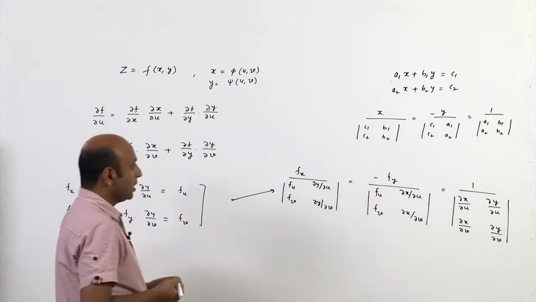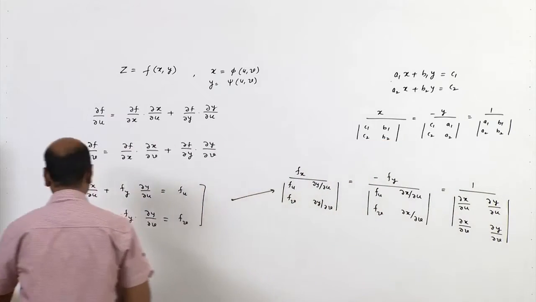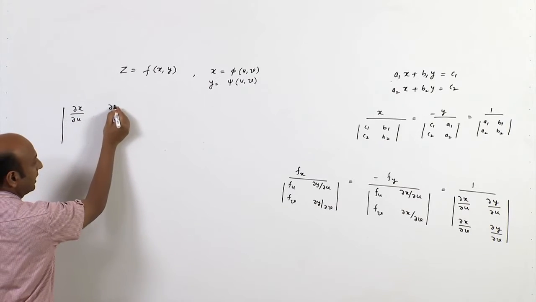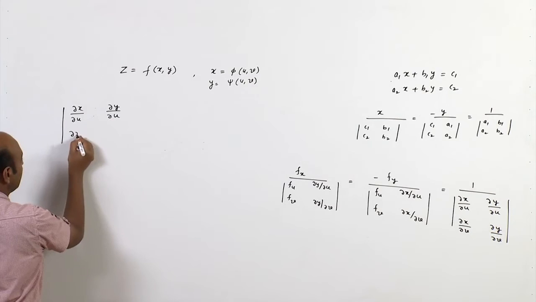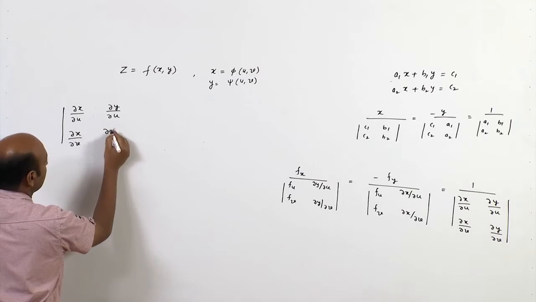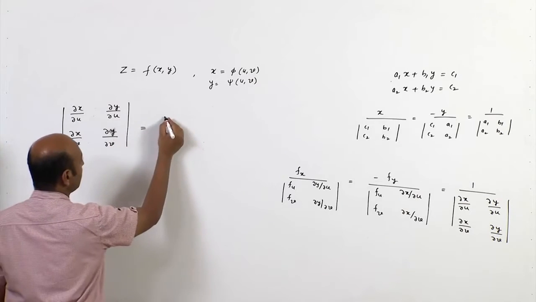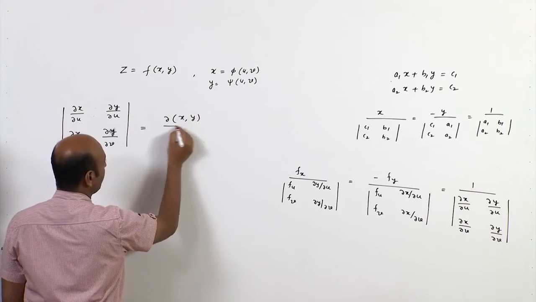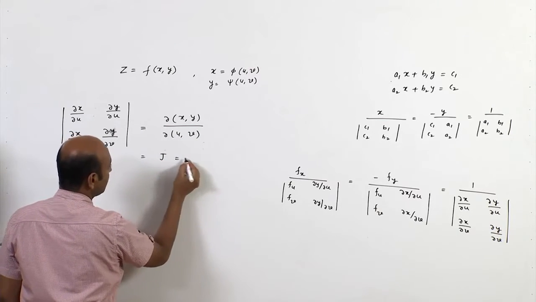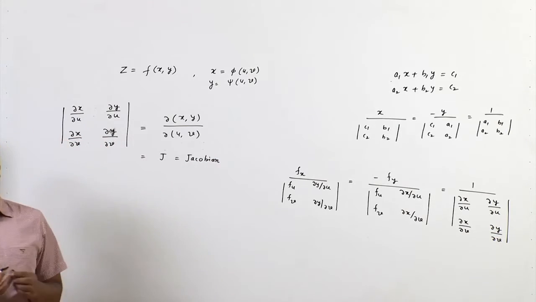Now this determinant, del x by del u, del y by del u, del x by del v, del y by del v, is also denoted by del of x y upon del of u v, which we denote by J, and it is called the Jacobian of x and y.